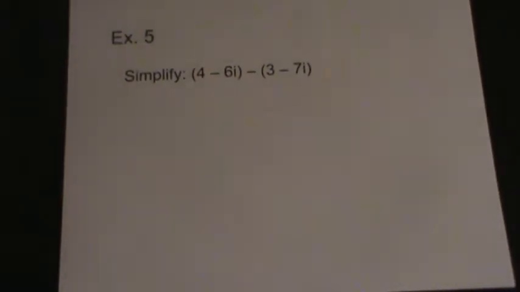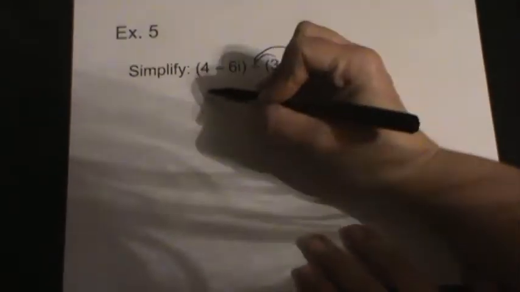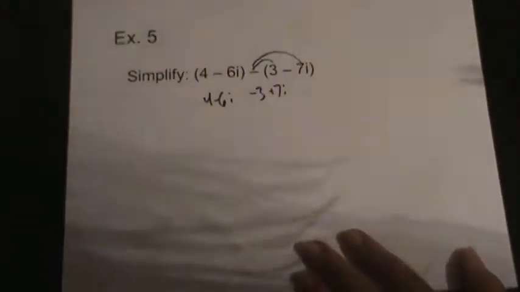So here's our first expression. Subtracting two complex numbers. We have 4 minus 6i minus 3 minus 7i. Remember, we're subtracting, so that 3 turns into a minus 3, and that minus 7i turns into a plus 7i. So it's 4 minus 6i.